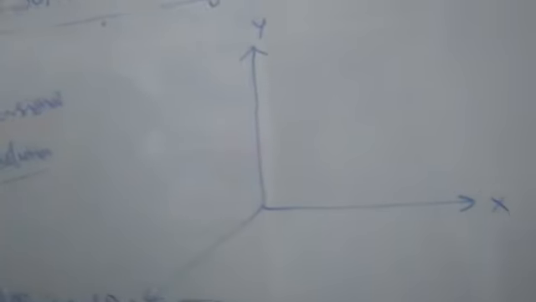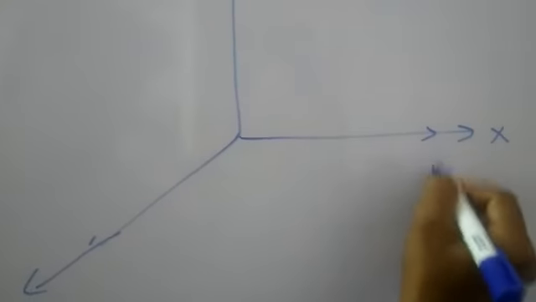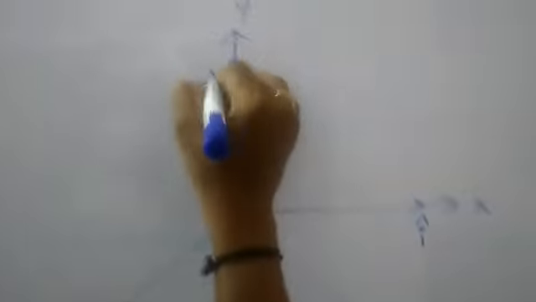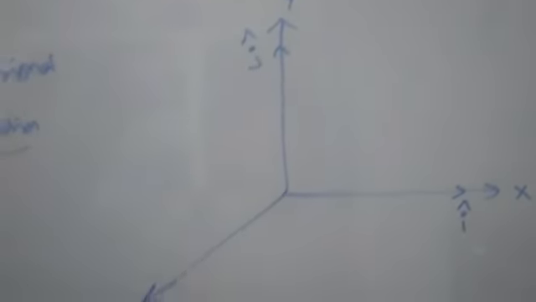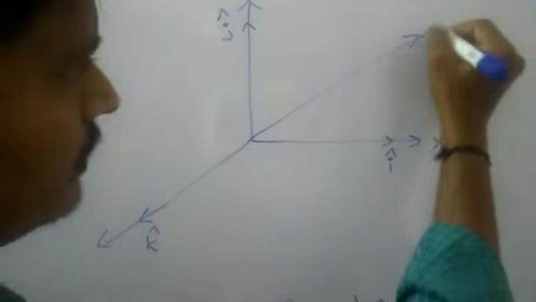A vector can be broken up into three mutually perpendicular components along the x-axis, y-axis, and this is z. Along x direction the unit vector is i cap, along y direction j cap, and along z direction k cap. So this is vector a bar.